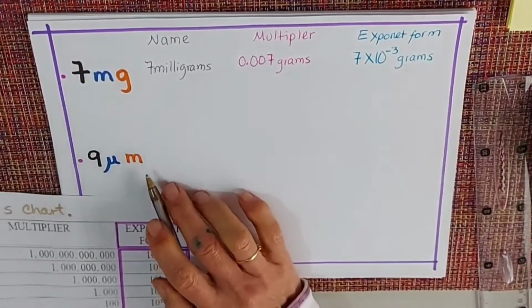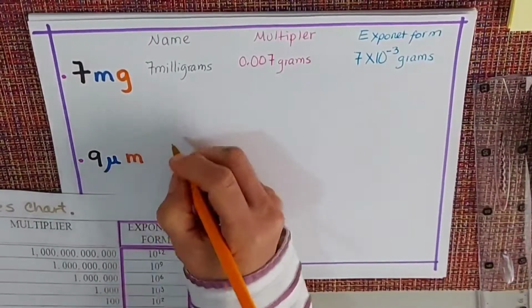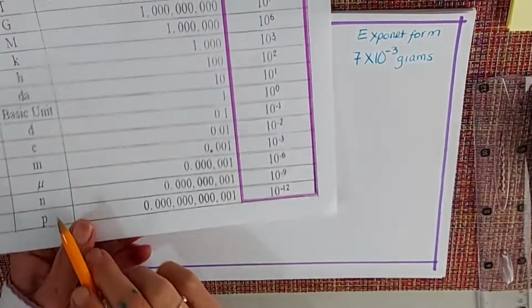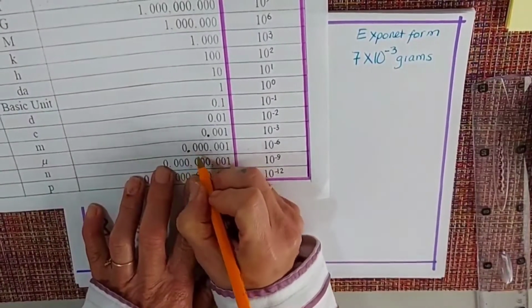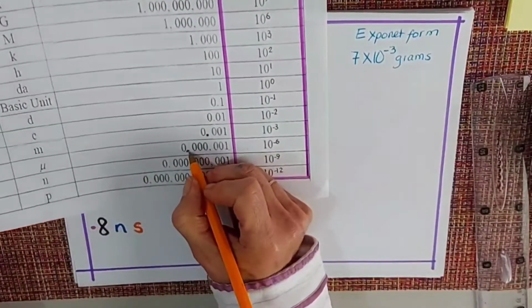We are going to do the same for this amount. We have here 9, and this symbol is for micro. And micro, here is the decimal point, and we have 6 places after the decimal point.